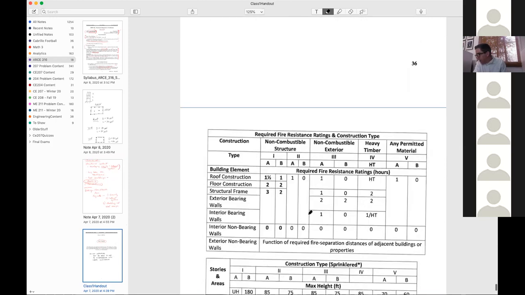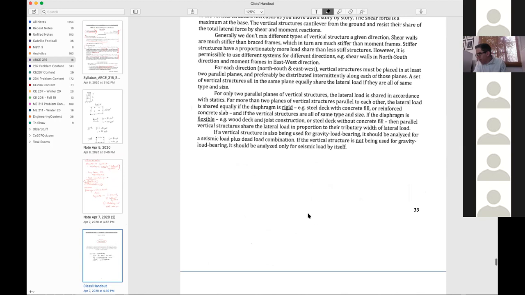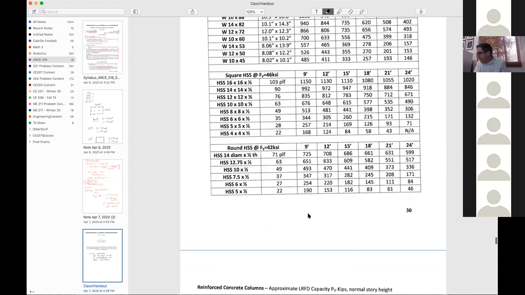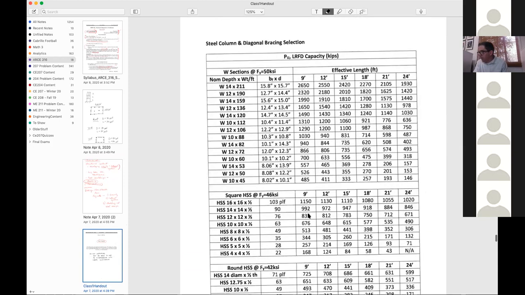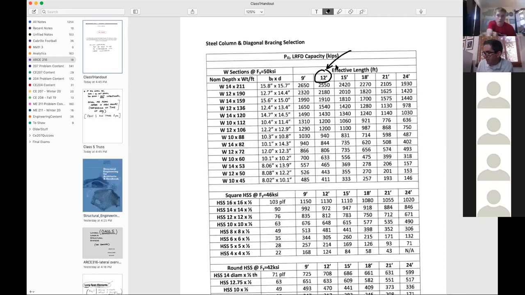So just to bring you here, we're going to design it using the column table because we've got a member that's in compression. We've got a length of 10, so we would use the 12-foot section, right?